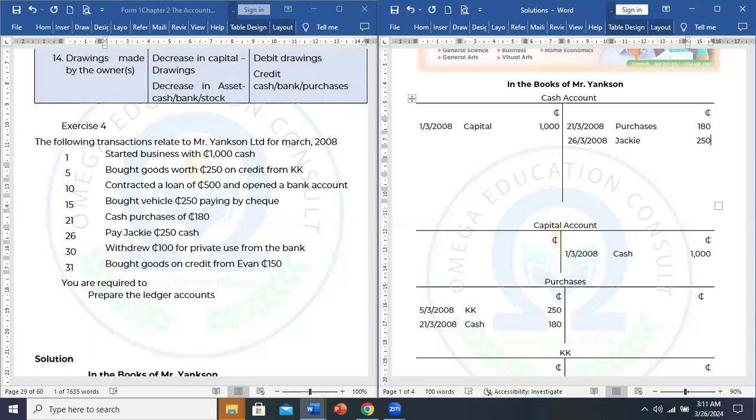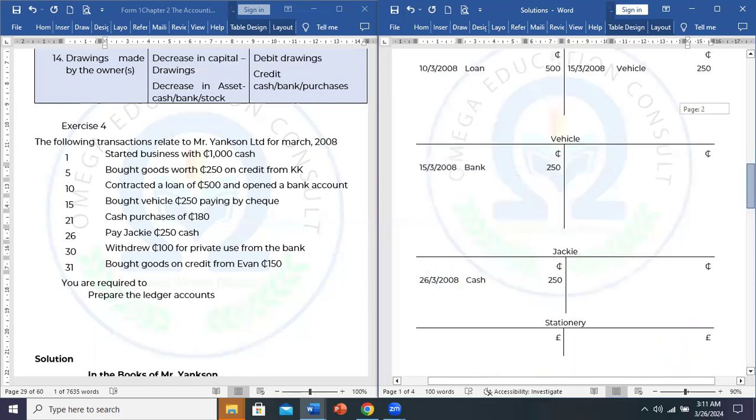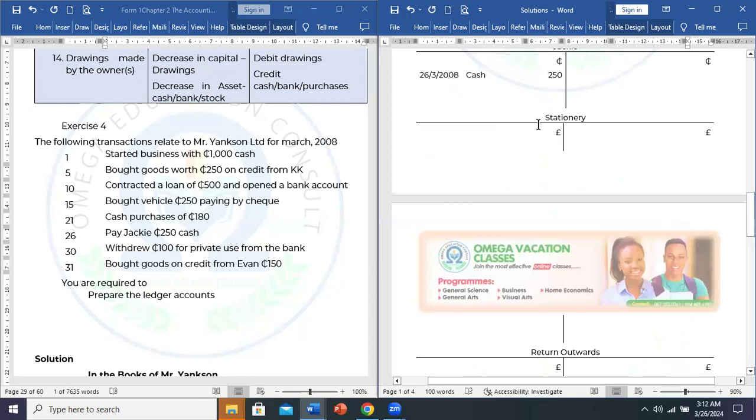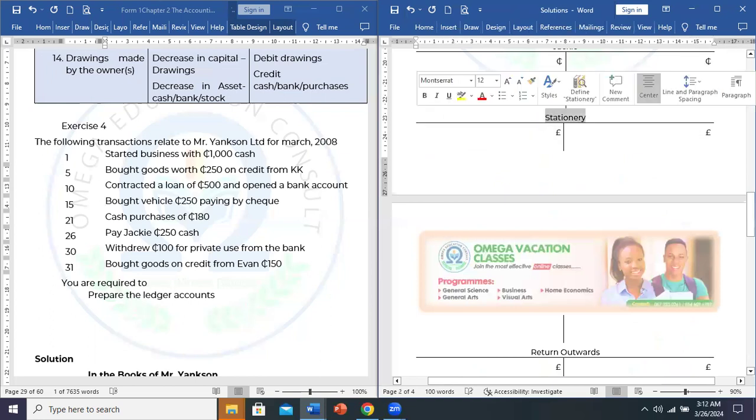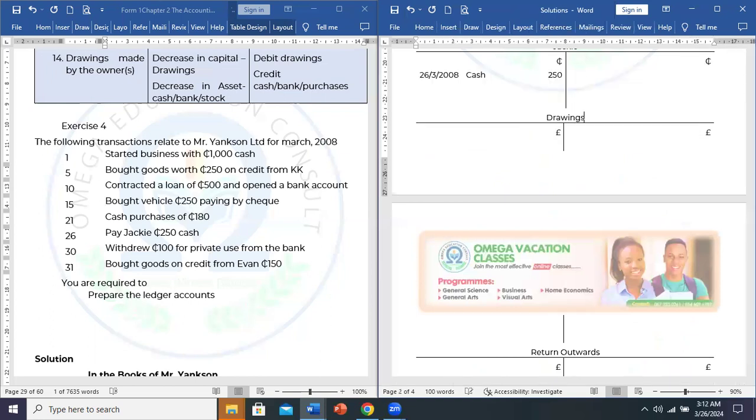Drawings, good. So the two accounts, we have to open our drawings account, and the drawings was made from bank, so bank account, right? And I indicated to you that if the owner makes drawings, we debit drawings, so we need to open drawings account. So drawings, let me change the currency. Okay, so we are going to debit drawings.